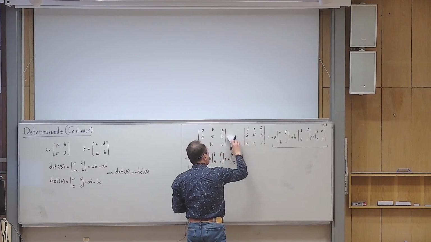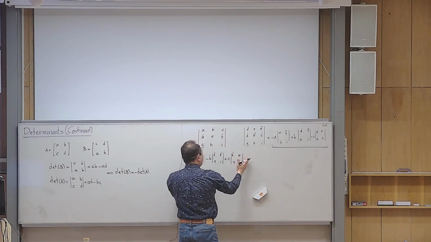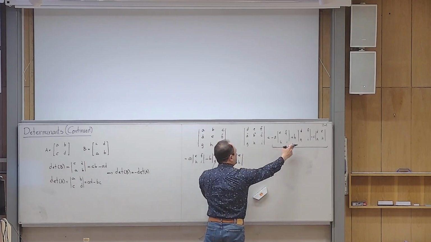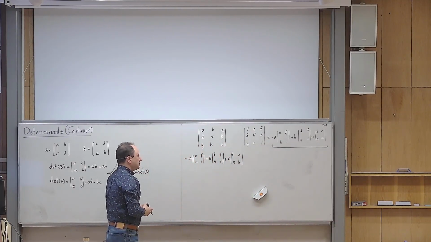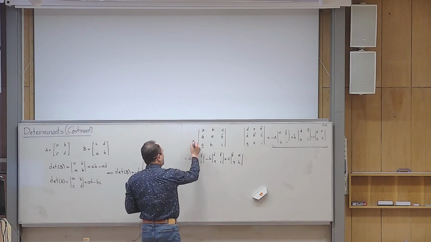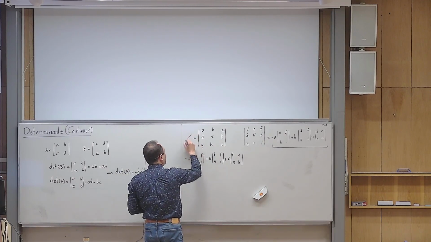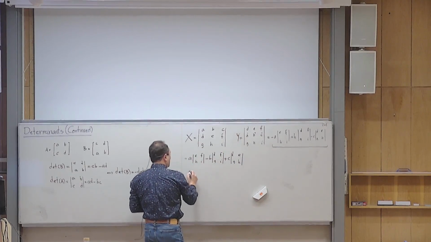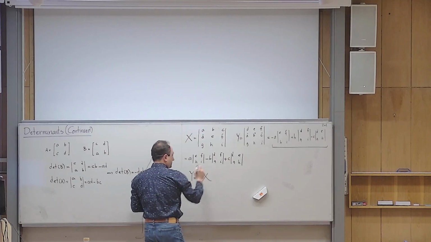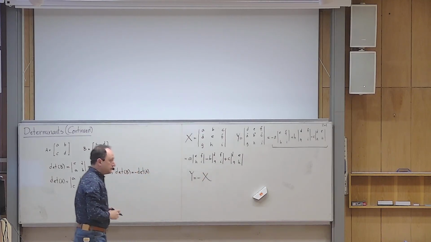But this determinant is this number. This determinant is the same number multiplied by an overall minus sign. So if I call this x, and I call this y, then I realize that y is the negative of x. Okay.